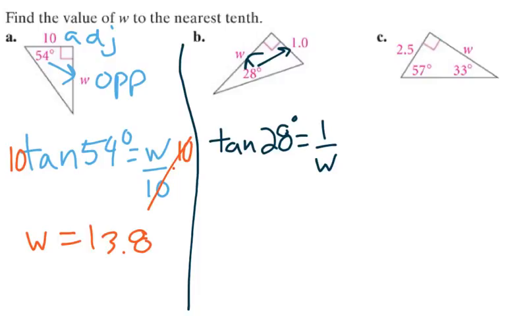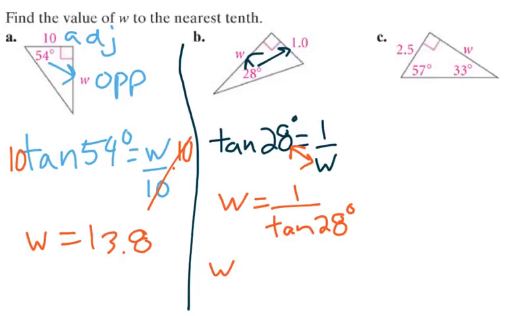When you have two numbers on opposite sides of the equal sign, especially with fractions, you are allowed to switch places diagonally across an equal sign. It's kind of like the whole cross multiply thing. So we're going to swap the W and the tangent of 28. Notice again that tan 28 is in the denominator. So when you go to your calculator, you type in 1 divided by the tangent of 28.